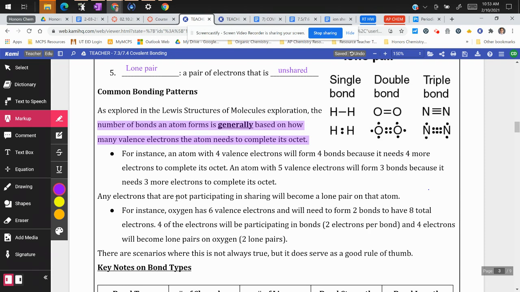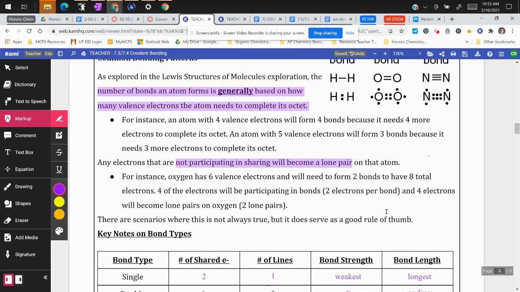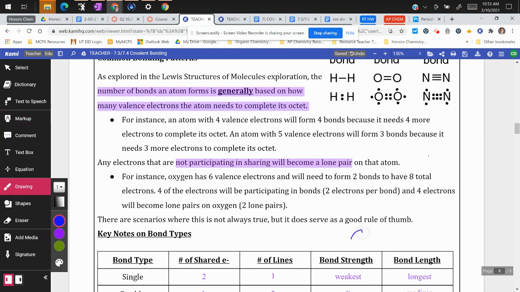Let's see if we can highlight that again. So for instance, oxygen has 6 valence electrons. It needs 2 more to have 8 total, so it will form 2 bonds. 4 of the electrons will be participating in bonds. The other 4 electrons will be participating in lone pairs. So if we think about that for a minute, oxygen has 6 valence electrons. 2 of them are going to be pairs, and the other 2 are going to be participating in some sharing.